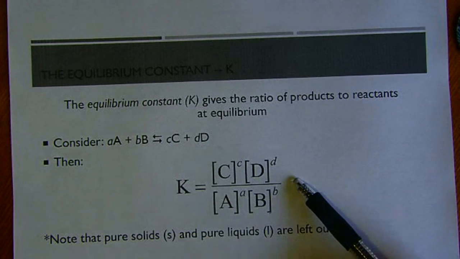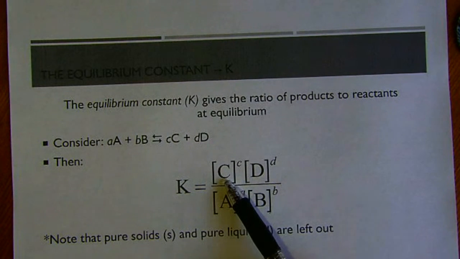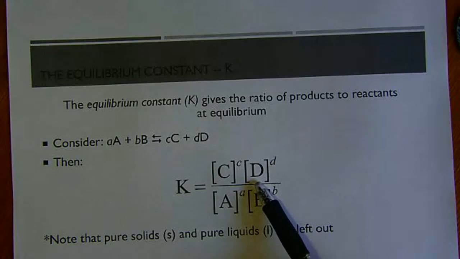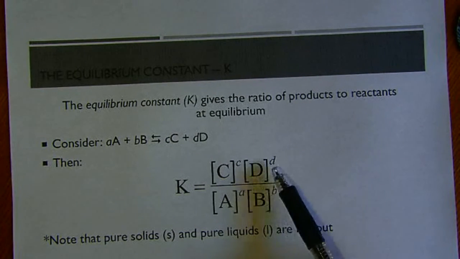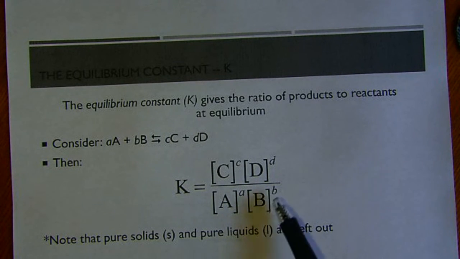So our equilibrium constant is given by the concentration of product C raised to its coefficient times the concentration of D raised to its coefficient, divided by the concentration of A raised to its coefficient times the concentration of B raised to its coefficient.